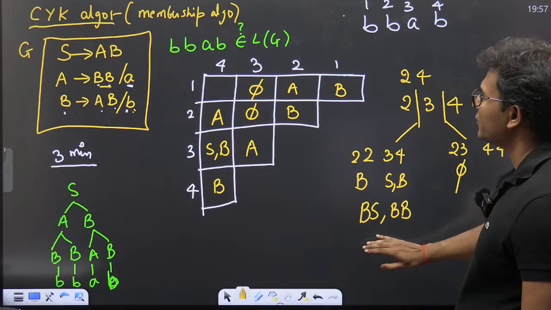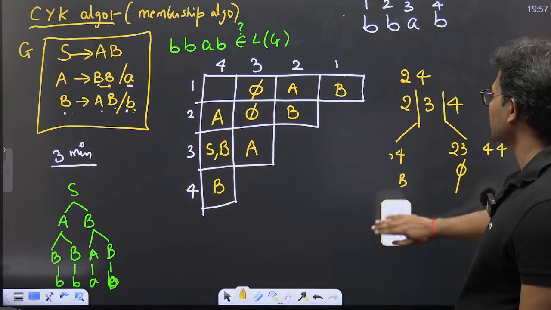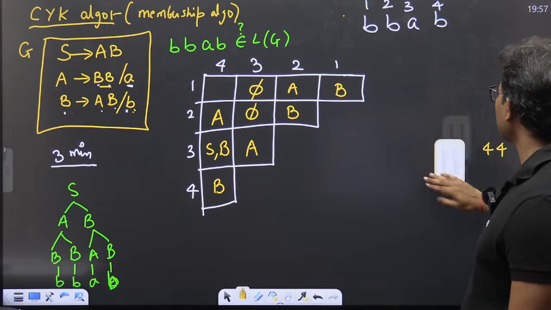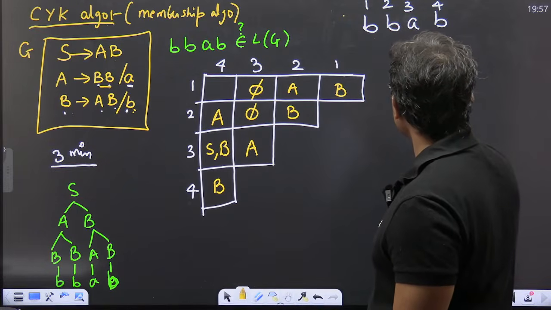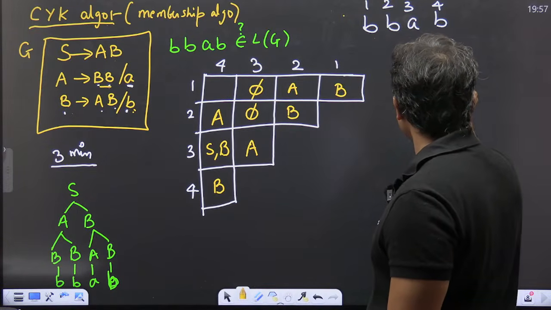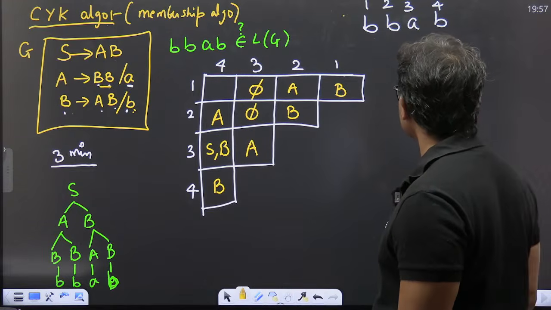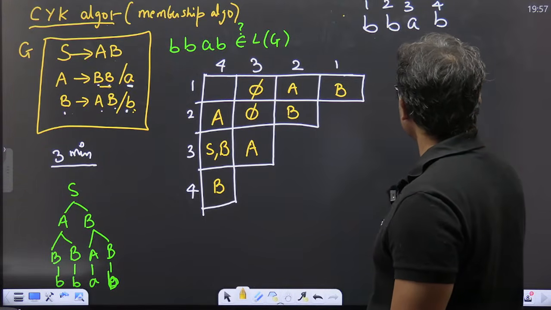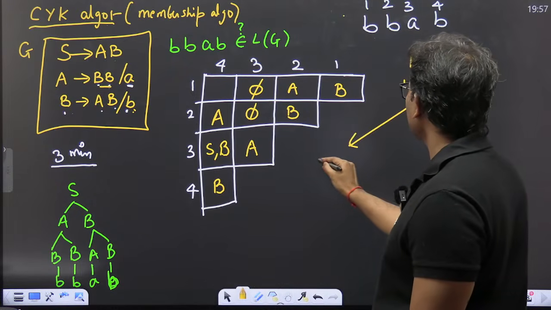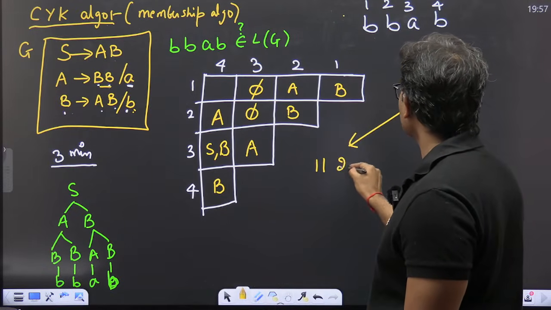So now the last one remaining is 1 4. 1 4 can be written as 1 2 3 4. You can break it here, here, or here. If I break it here, I'm going to get 1 1 2 4.